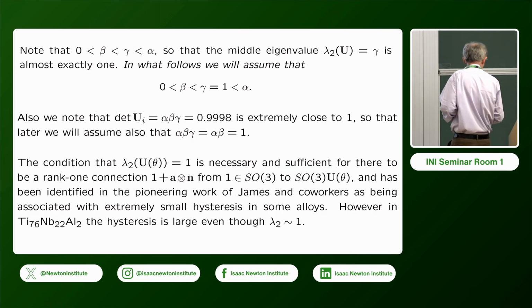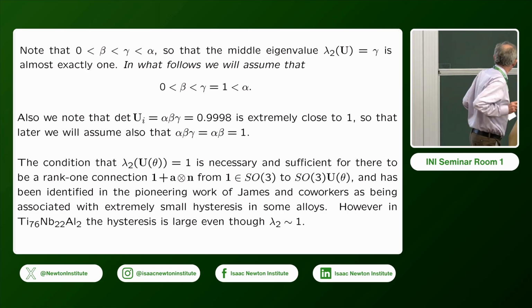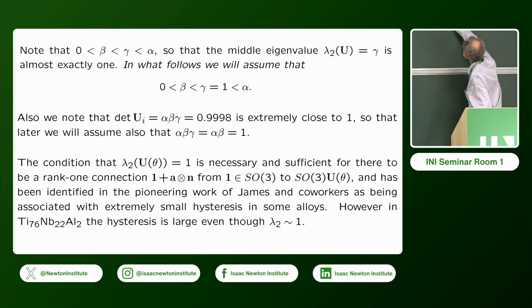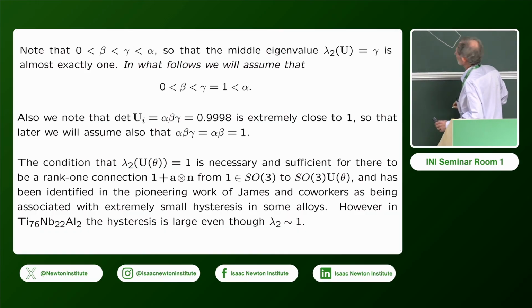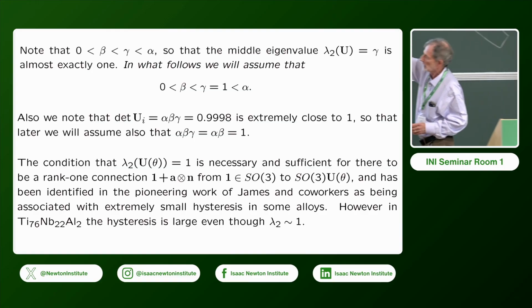So now maybe I should just explain for those of you who are not familiar with this sort of thing. So what's the importance of matrices of the form a tensor n, rank 1?